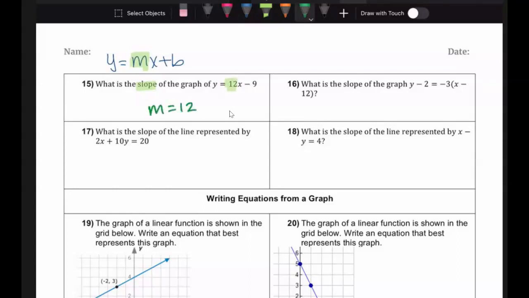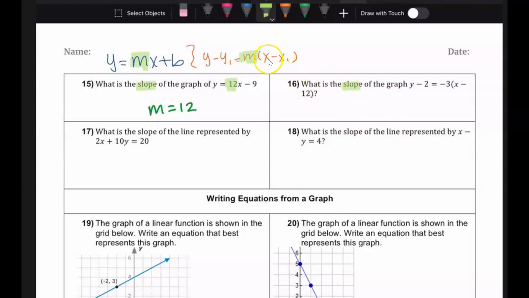You found your slope. This one, the second equation, is in point slope form. So your y minus y1 equals m x minus x1. You should have seen this equation a lot in Unit 5. M is still our slope.